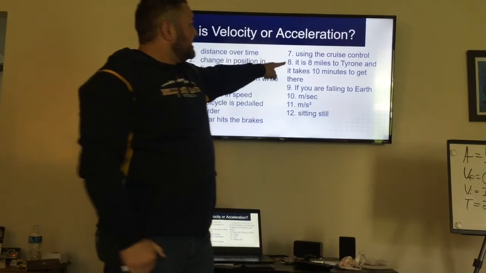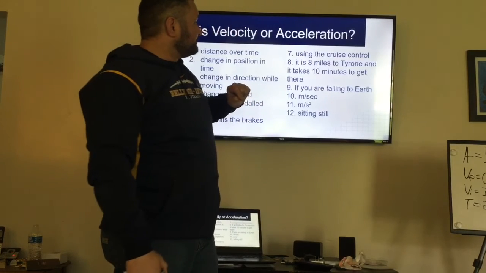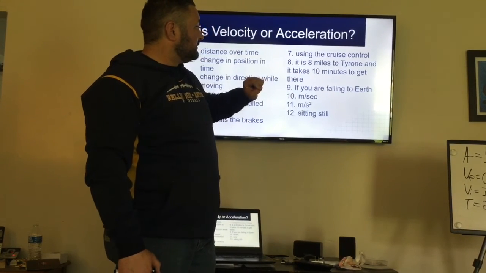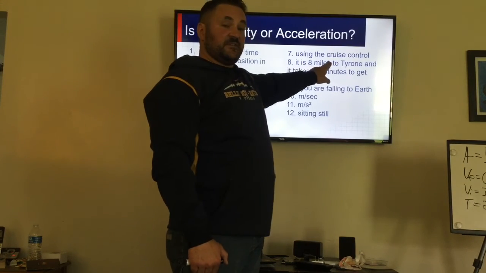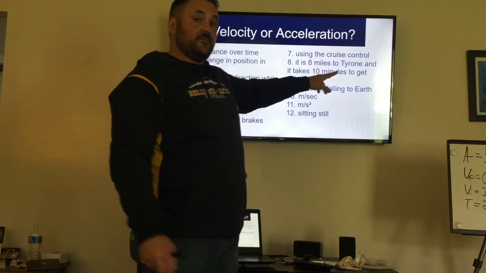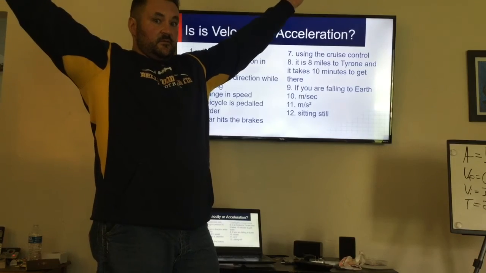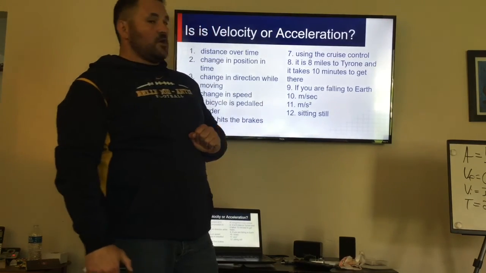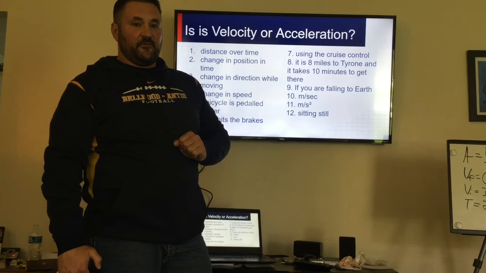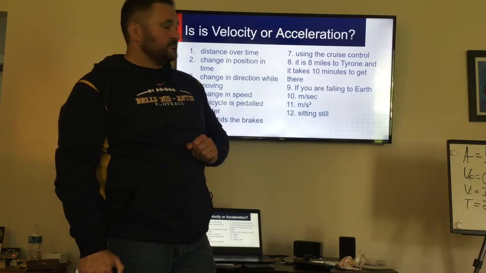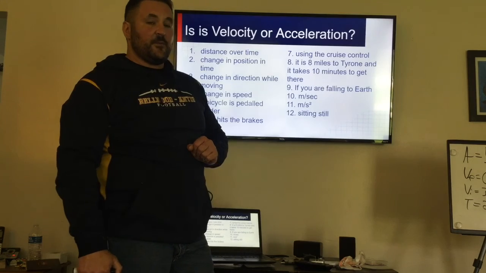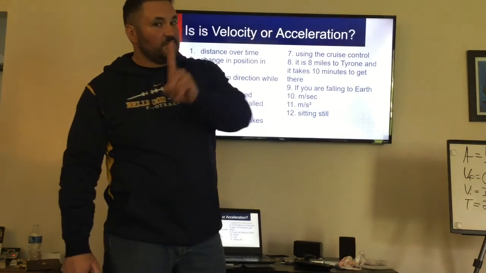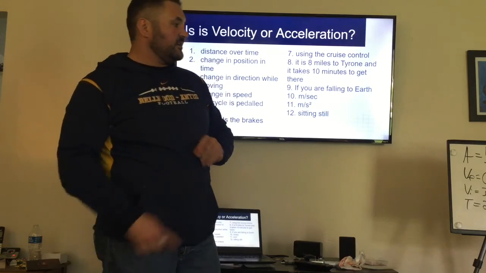Velocity. It's 8 miles to Tyrone. It takes you 10 minutes to get there. Well, miles is a distance, minutes is a time. That one is velocity. If you are falling to earth, whether you're on top of a building, jumping out of a plane, or falling off your back porch, you are going to accelerate towards earth at the speed of gravity.